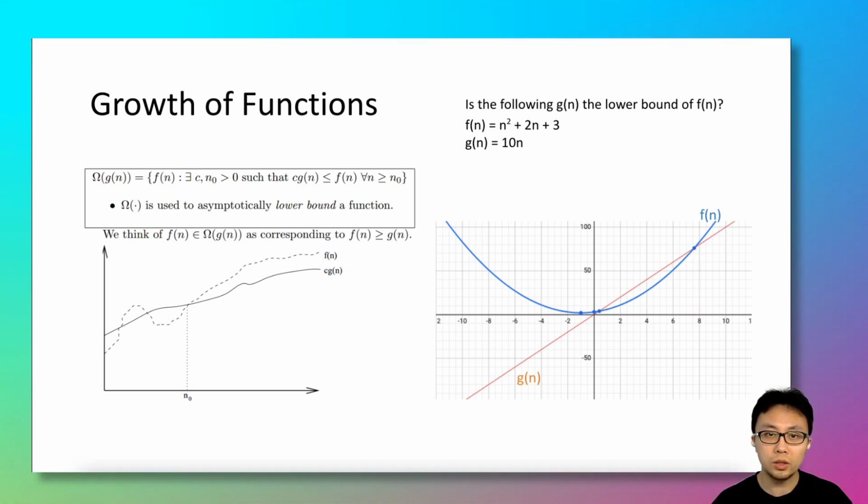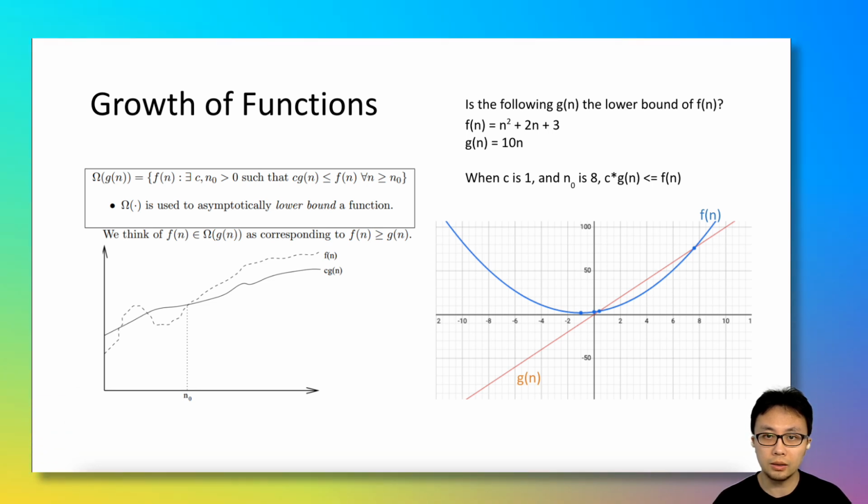To determine if Gn is the lower bound of Fn, all we need to do is to plug in the definition of lower bound. If we can find two constant numbers c and a specific input size n0 to sustain this relationship between Fn and c multiplied by Gn, we will be able to conclude that Gn is the lower bound. Based on what you see from this visualization, it's not hard to find such two constant numbers.